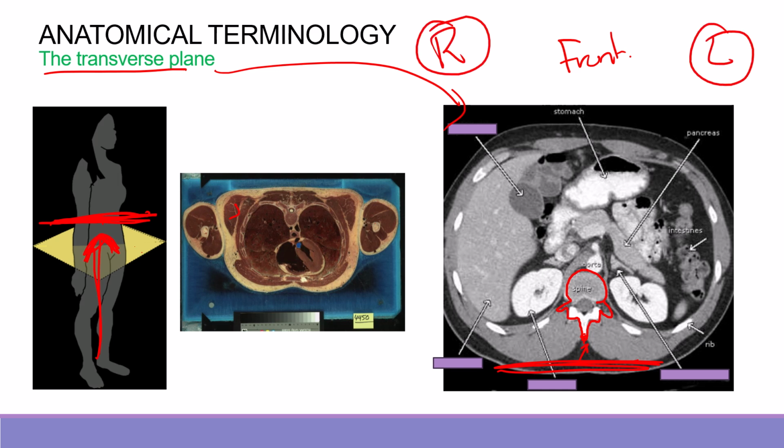The importance of that is because these two structures that you're looking at here are the kidneys. So which kidney? This one will be the left kidney, this one will be the right kidney. And it makes sense because we just learned previously that the kidneys are the deepest organs in the abdomen.